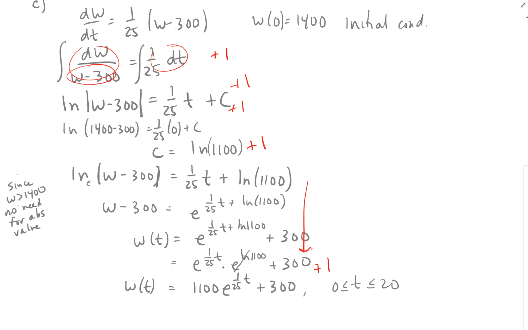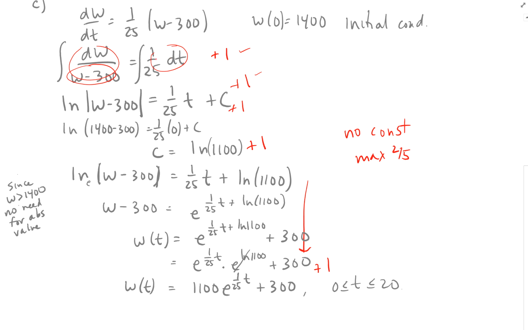If you did not do a constant, the max you could get is 2 out of 5. You would get this point here and this point here for doing the integration, but no constant, so you wouldn't get that point. You get 2 out of 5.